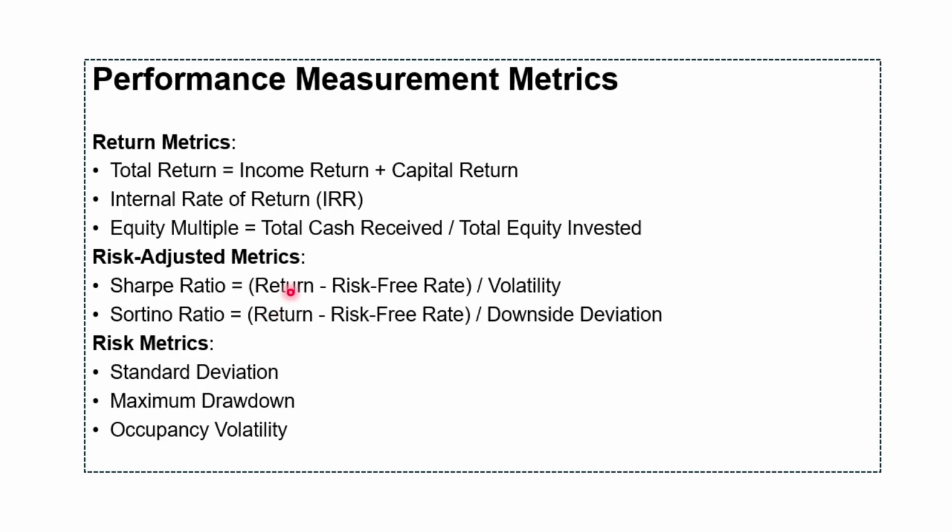You need to evaluate return, risk adjusted returns and risk measures together to understand portfolio performance. Different metrics may suggest different conclusions, so comprehensive measurement is essential. A practical application would be that you track multiple metrics over time and compare against benchmarks and peer groups to understand whether your portfolio is truly performing well or not.